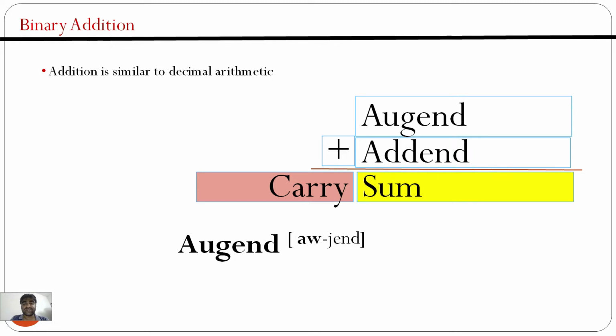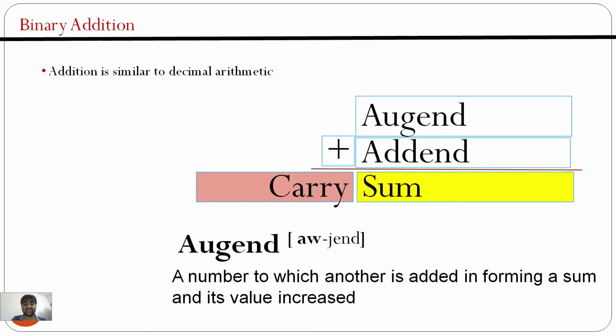The augend is defined as the number to which another is added in forming a sum, and its value is increased. As per example, suppose 9 plus 7. So 9 plus 7 is 16.